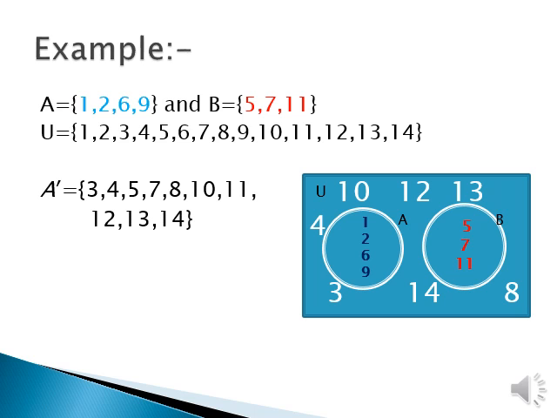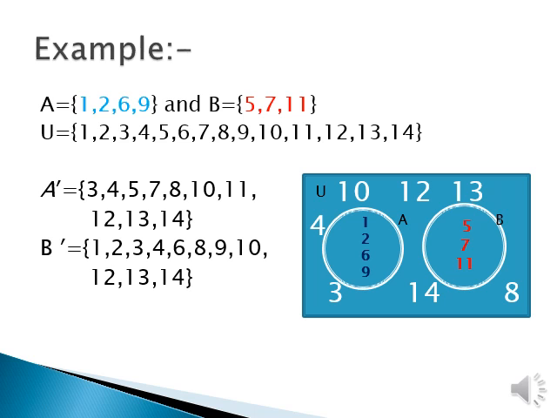A complement is equal to 3, 4, 5, 7, 8, 10, 11, 12, 13 and 14. Now here 5, 7 and 11 are present in set B but not in set A. Therefore, they will be present in the A complement set. Similarly, for B complement, the elements which are present in set A are present here, but only the elements which are not present in B we have taken.